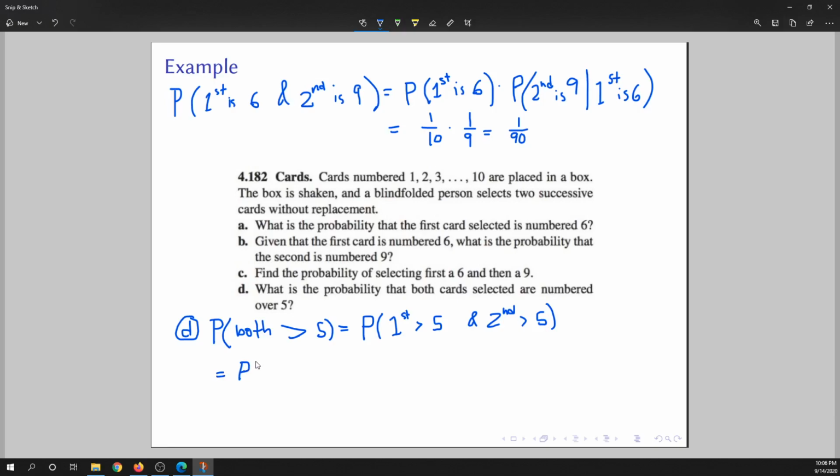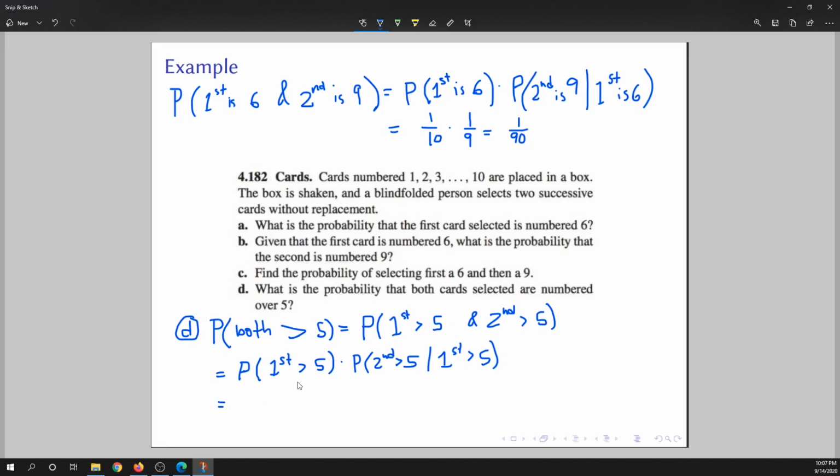We know that's the probability that the first card is greater than 5 times the probability that the second card is greater than 5 given that the first card is greater than 5. Now we would just calculate these probabilities.